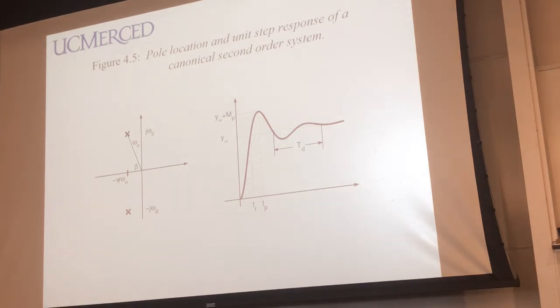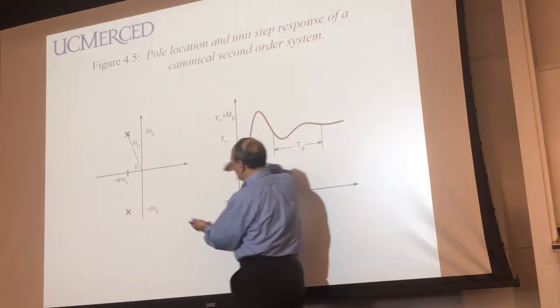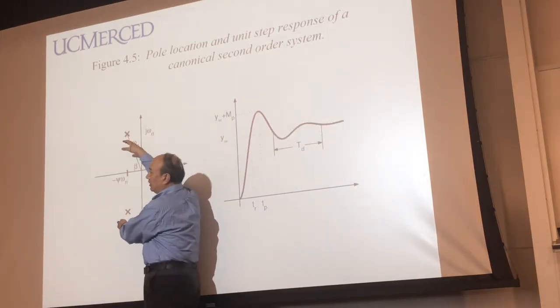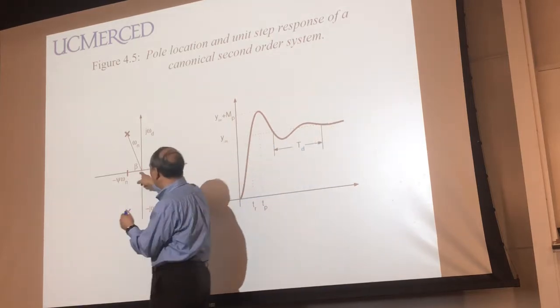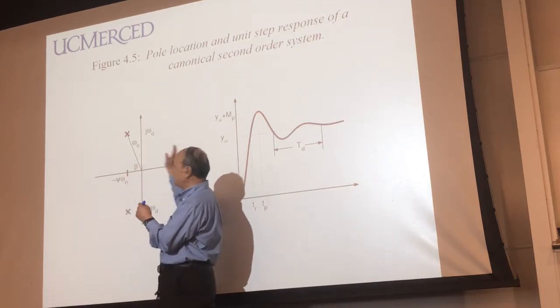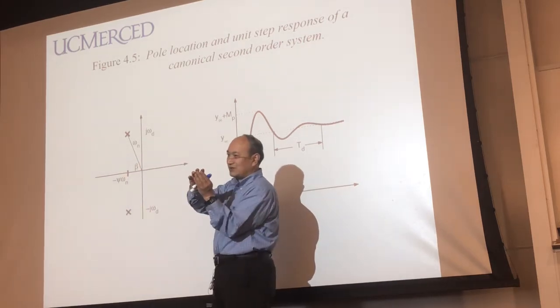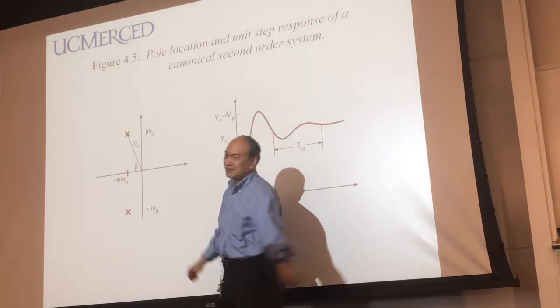So this is a complex conjugate, okay? You have oscillation and damping, okay? The reason you have oscillation is because you have a complex conjugate. The reason you get damping is because you are living on this side. But if you live on this side, damping is not possible. It's not damping. It's going to blow up. Okay.